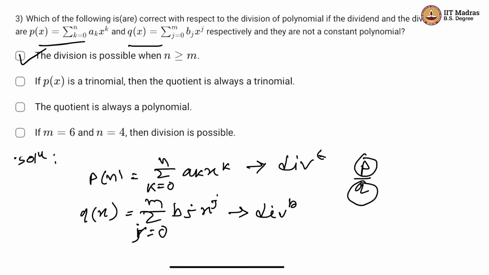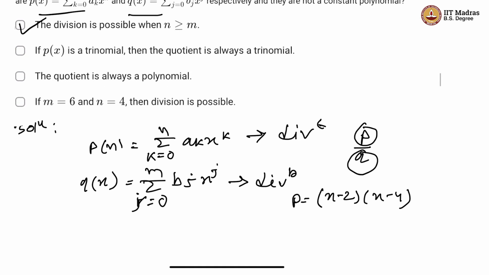Okay, so if p is a trinomial, then the quotient is always a trinomial? Not necessarily, right? If we take p as (x minus 2)(x minus 4), then clearly this is a trinomial, and let's take q equals x minus 2, so the quotient will be x minus 4. So this is not a trinomial, and so option 2 is not correct.